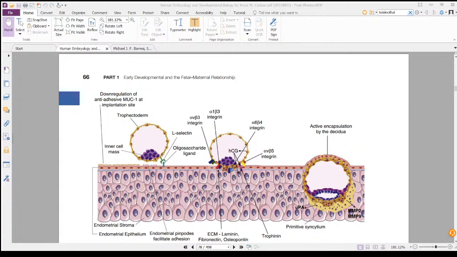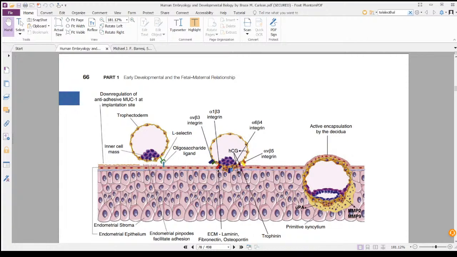Mucin has protective and anti-adhesive properties, but the influence of the blastocyst causes the down regulation of mucin in the area of attachment. Getting my point: mucin is present over the epithelial cell, and mucin type 1 has anti-adhesive and protective properties. Anti-adhesive means it won't let the adherence happen.